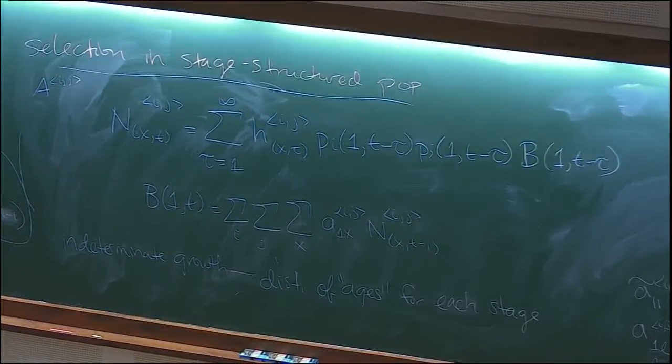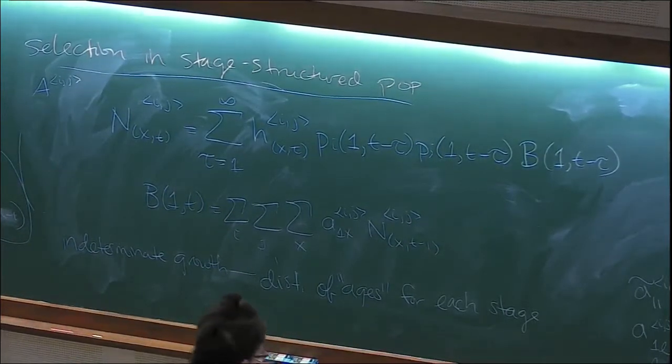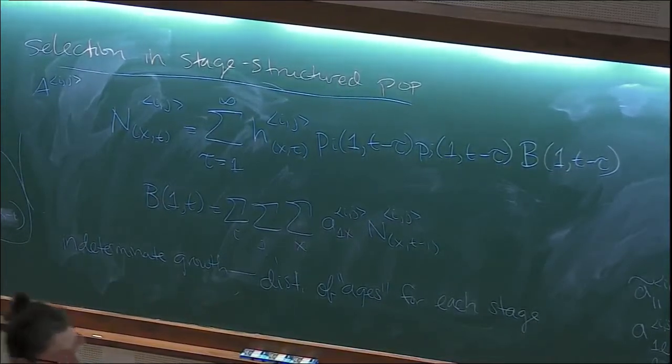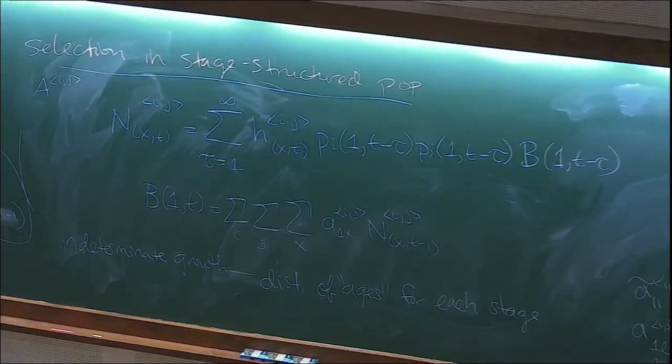So I'm trying to, oh, I did erase some stuff. Oh, well, that's fine. So we can do the same sort of thing as we did for the age-structured case and say, what's the equilibrium fitness? We can define it this way.